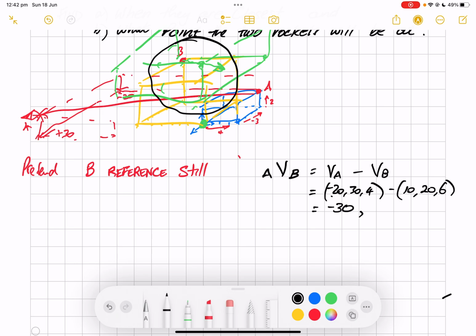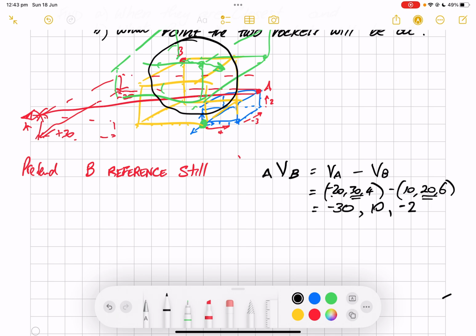The y coordinate is 30, take away 20. It's got a y relative of 10 kilometers per hour, and its vertical is 4, take away 6, negative 2.